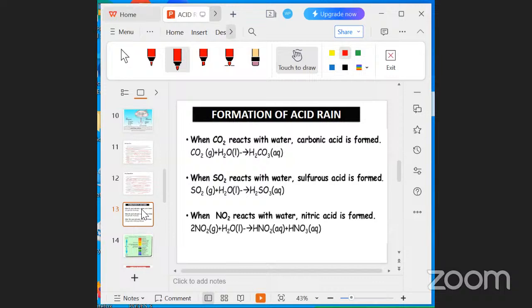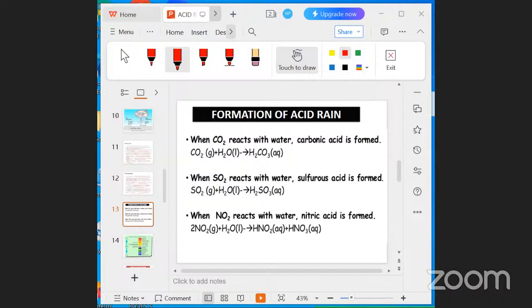Now, how is acid rain formed? You see here, when those gases come up into the atmosphere and when it rains, they combine with rainwater, right?